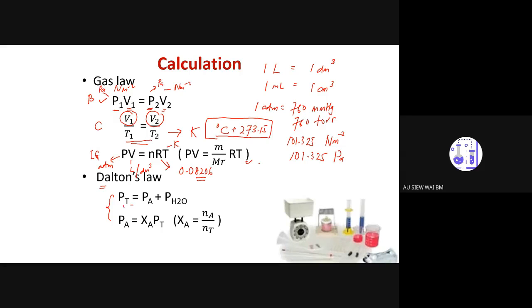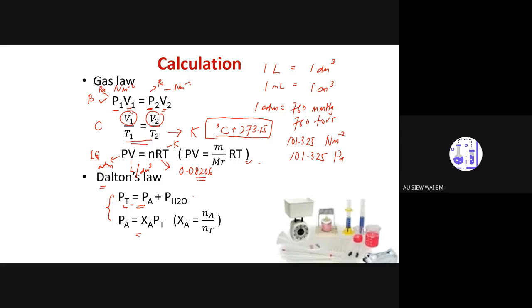In one mixture we have many gases, so we want to find the pressure for each one, or the total pressure of all the gases. It depends on the question. They ask for the partial pressure of a certain gas or the total pressure of all the gases. So Dalton's law has this formula and this formula.